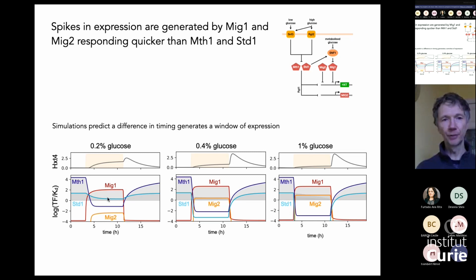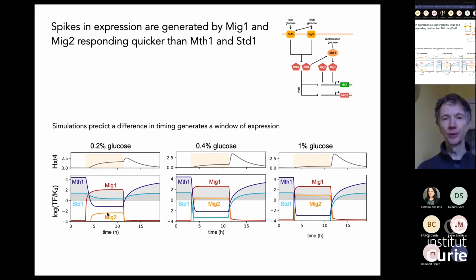So I have some level of repression, which is not very high, because I'm able to produce some of my protein. And when I remove glucose, I get a very fast response from MIG1 and a slower response from MTH1. MTH1 has to be resynthesized because it was degraded, so it is remade slowly. This gives a small window where there's very little repression, and this gives rise to our spike.